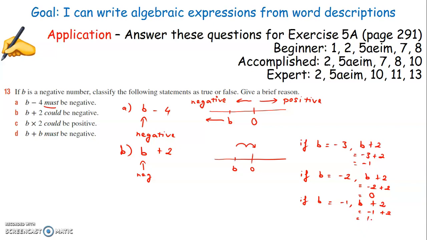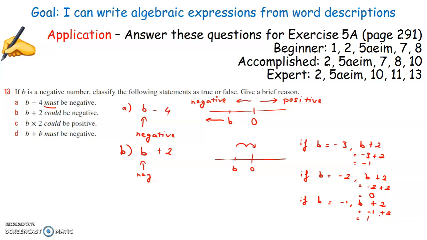And that is positive. So even though maybe a lot of the times B being negative, when you plus 2, it will still give a negative answer, but it can be positive.